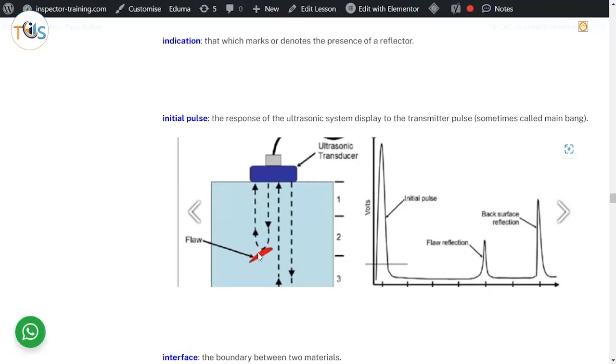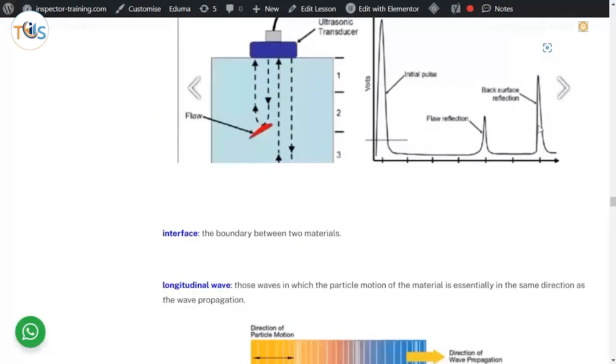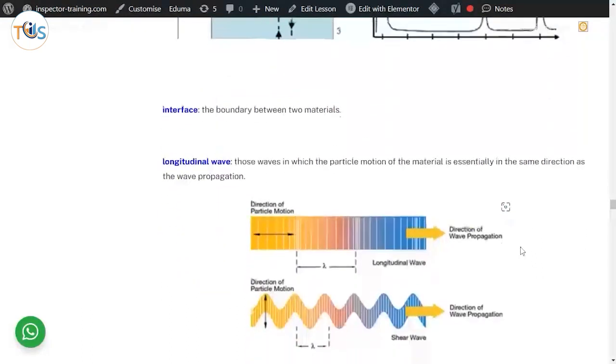So you see the pulse from the defect earlier, in the middle, whereas the back surface reflection goes through the whole thickness and takes more time, so you see it later on. So that's why this is the initial pulse, to compare with the flaw detection and the back one. And you see that this got attenuated because part of it was deflected by the flaw.